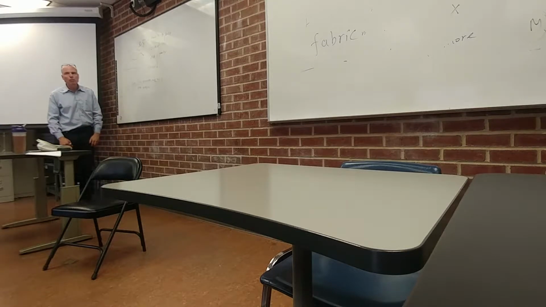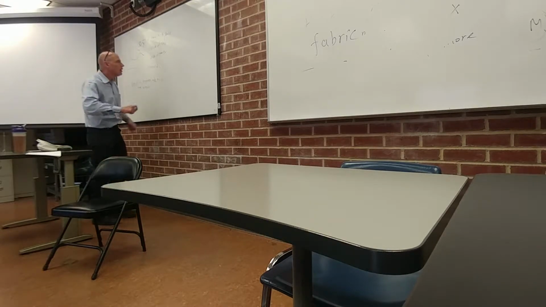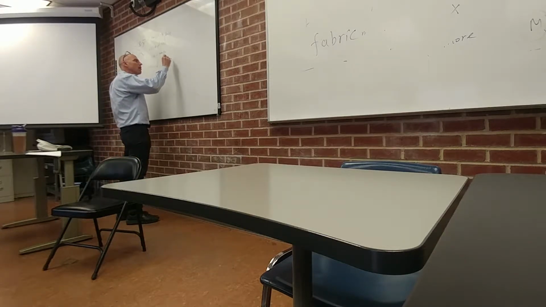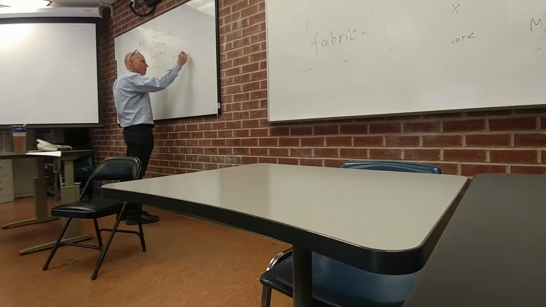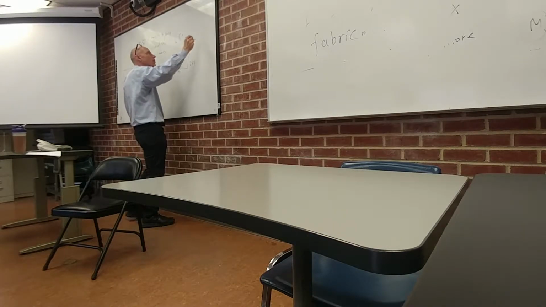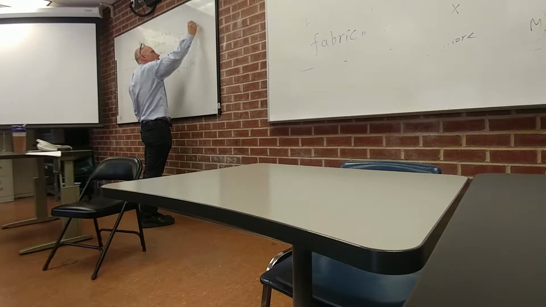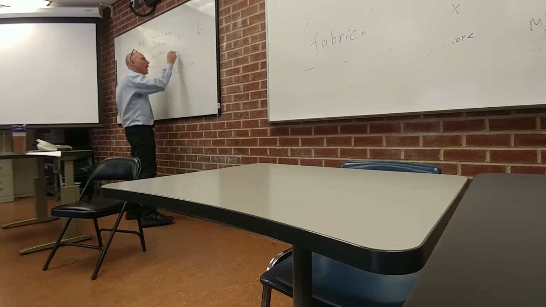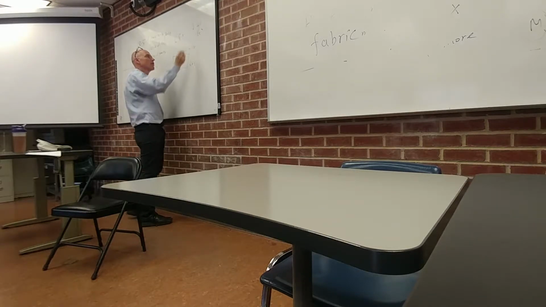So I can assume that the density of this is always 1 pound per square foot. So if I had something, this is 3 foot by 2 foot. If it was 6 square feet and the density was 1 pound per square foot, how much would this weigh? 6 pounds.